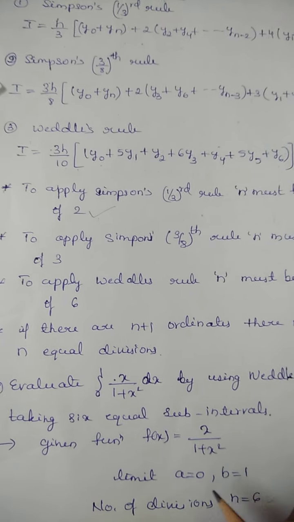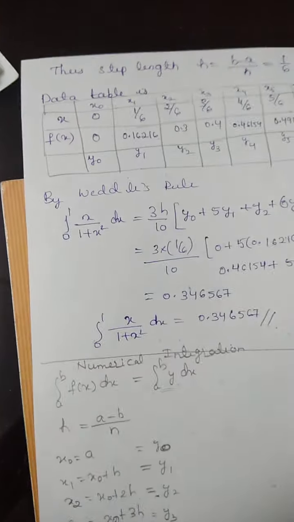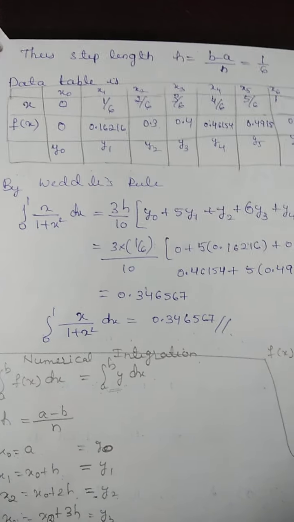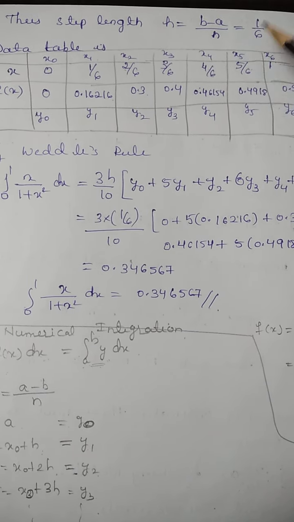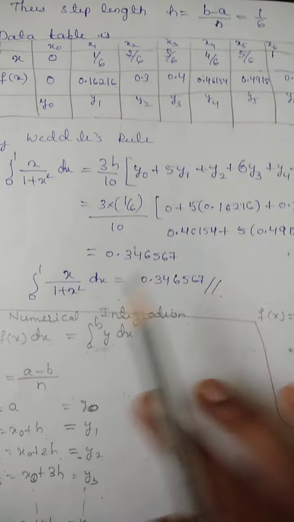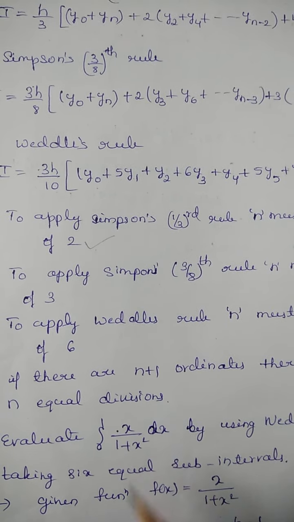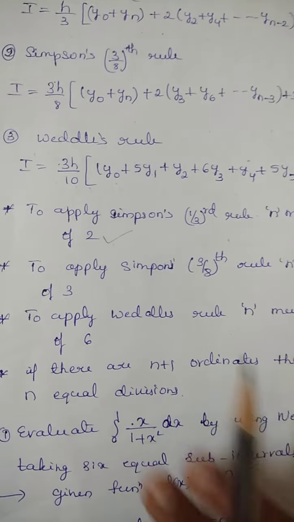Now using the values of a and b, let us find these values. The step length h is equal to b minus a upon n, that is 1 minus 0, which is 1, divided by n equal parts, that is 6.